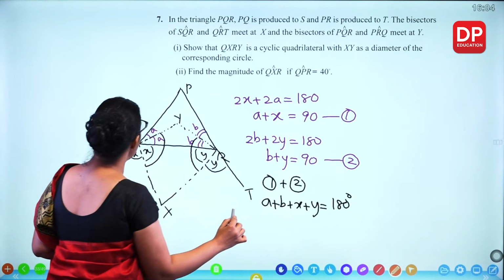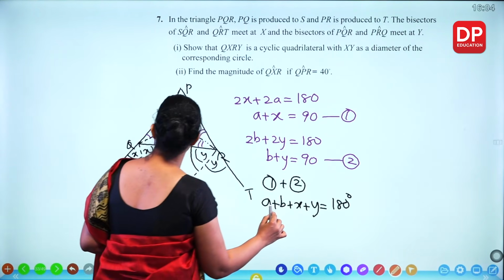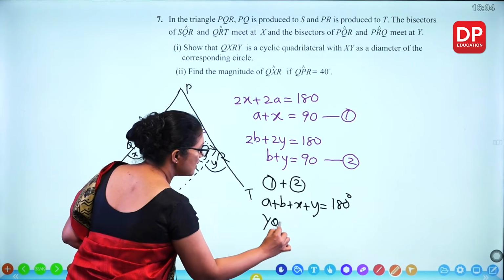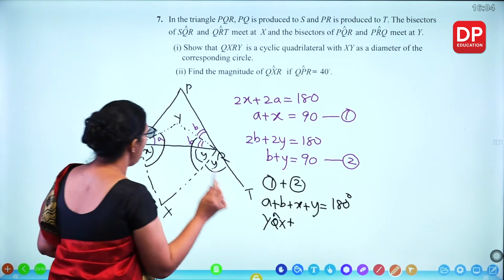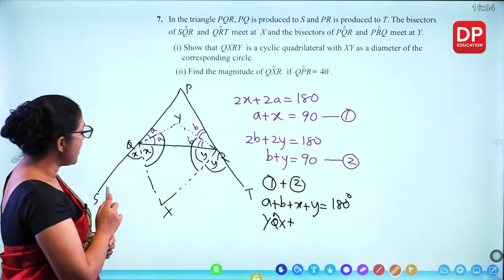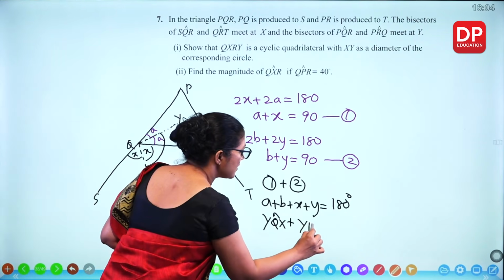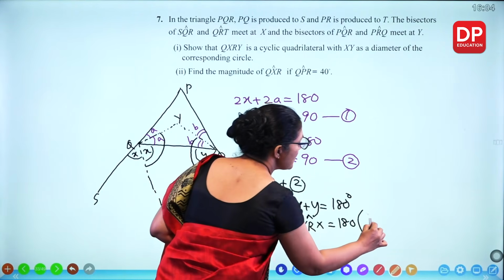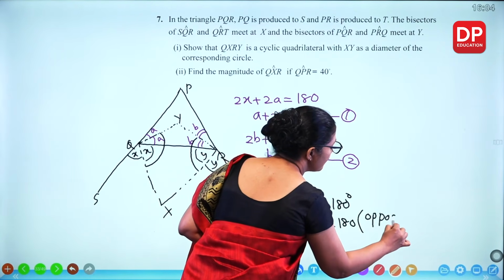So a plus x is the YQX angle and b plus y is the YRX angle. So opposite angles are supplementary.